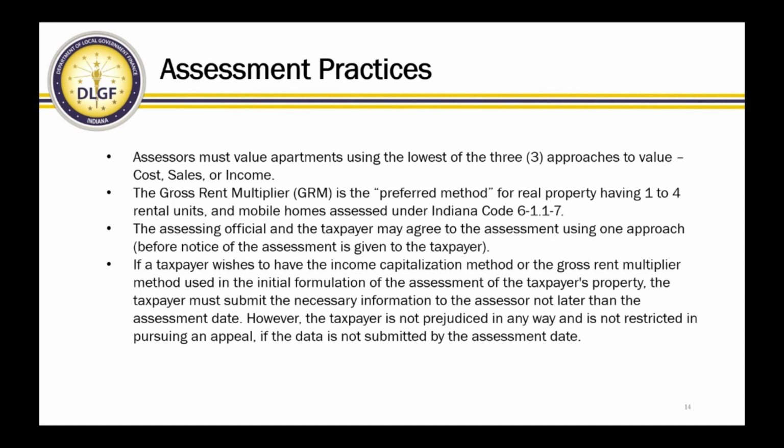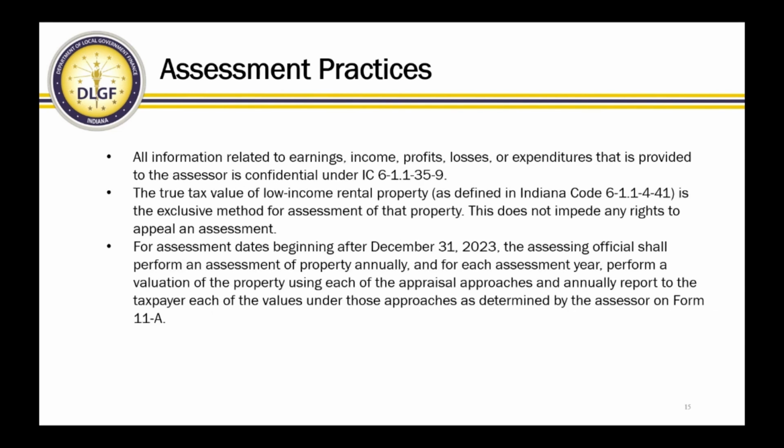But if they do not, they still have the right to file an appeal. All the information that's provided is confidential, so make sure you adhere to not releasing that information.